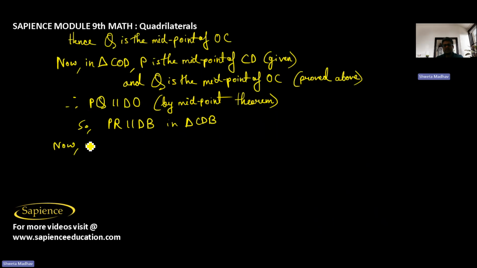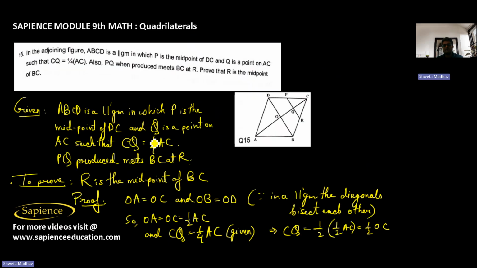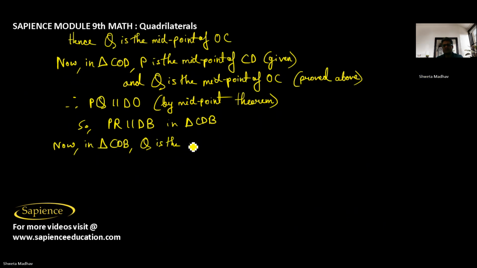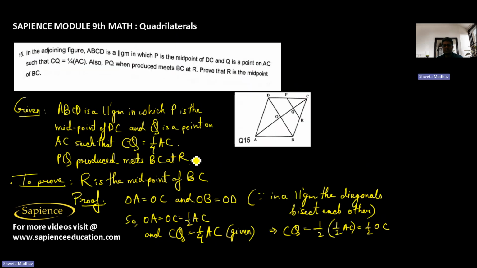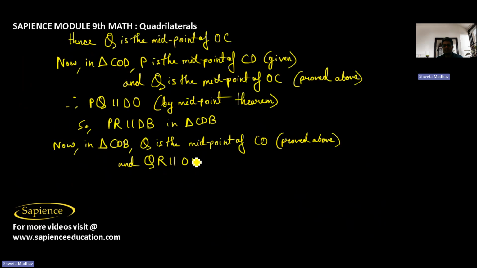Now we can see that in triangle COB, Q is the midpoint of CO, which is proved above, and QR is parallel to OB, since PR is parallel to DB, proved above.